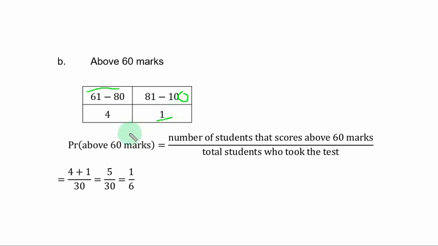So the required probability is the number of students that scored above 60 marks over the total students who took the test. That is 4 plus 1 over 30. You have 5 over 30, and that simplifies to 1 over 6.